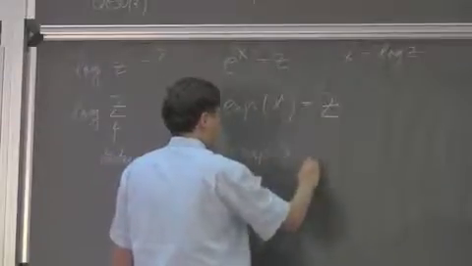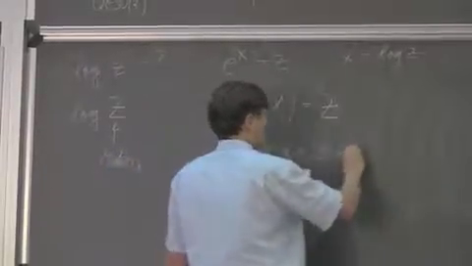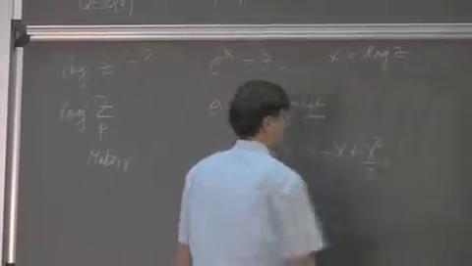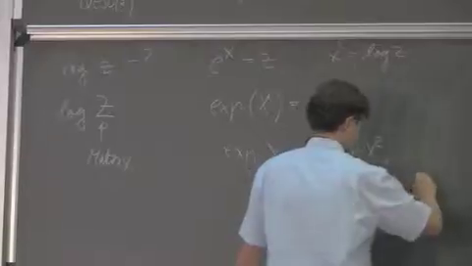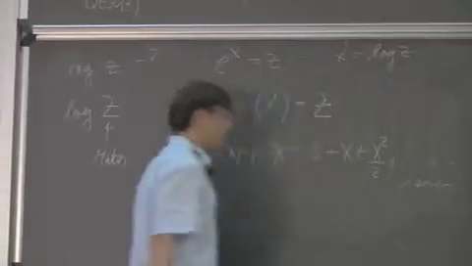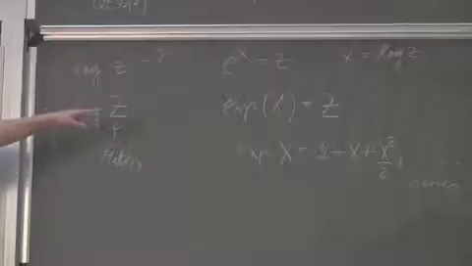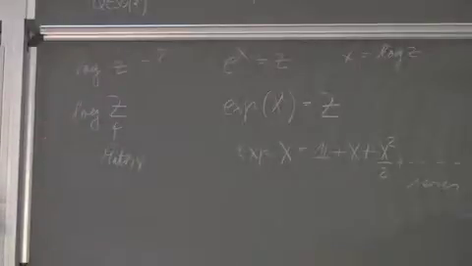The exponential of X is 1 plus X plus X squared over 2, and so on. It's a series, and it converges. And you look for solutions. Converges in which norm? In any norm.